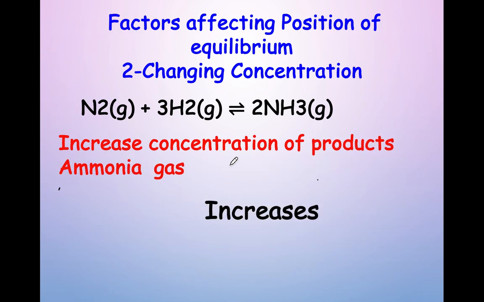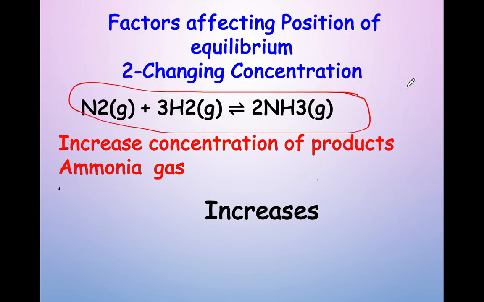If we increase the concentration of products, now in the same closed system, we're going to increase ammonia. I'm going to increase ammonia gas. What will happen? The ammonia concentration at the product increases, so the reaction will go to the opposite. Increasing, it would go to the low.